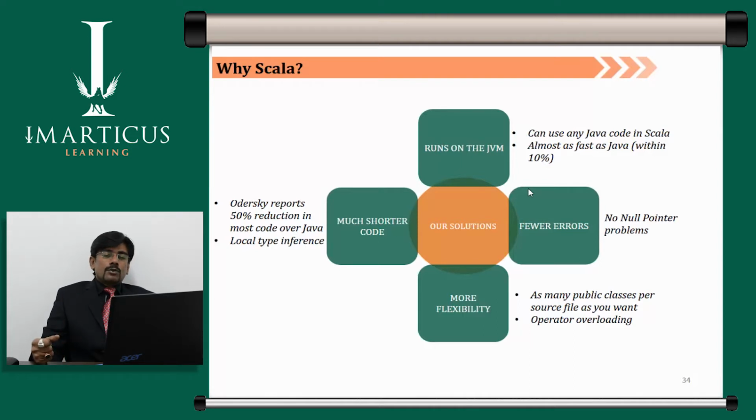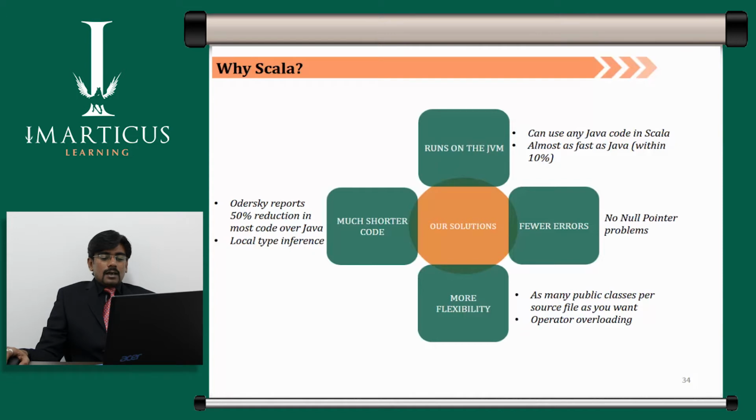If you try to code in Scala, you will write the same code in 40 to 50 lines. So it's much shorter than Java code. It runs on the JVM, can use any Java code, and is almost as fast as Java, within 10%. We have fewer errors, no null pointer problem, and more flexibility, such as as many public classes per source file as you want. Operator overloading is one of the basic features.